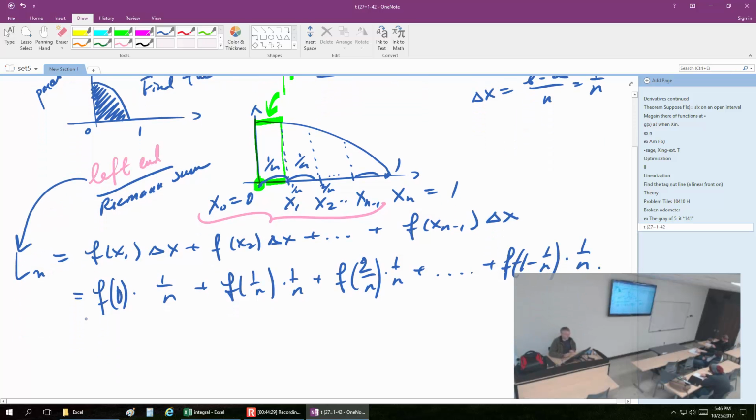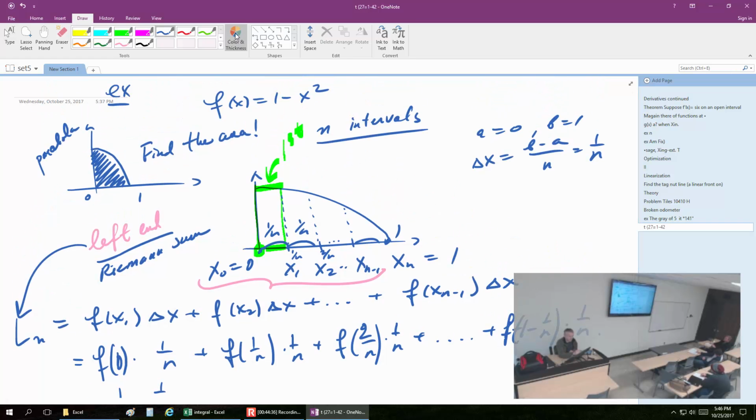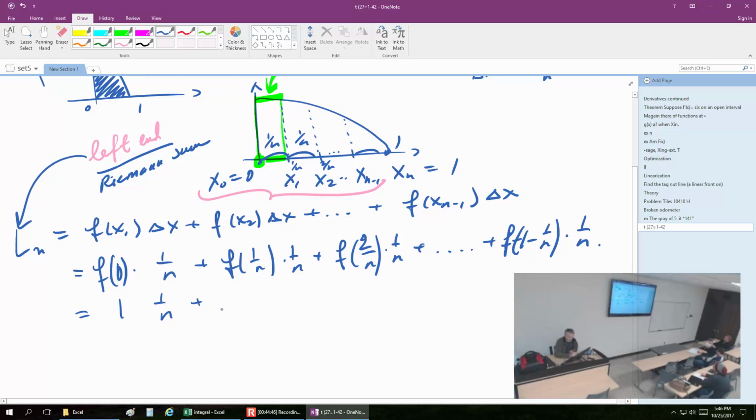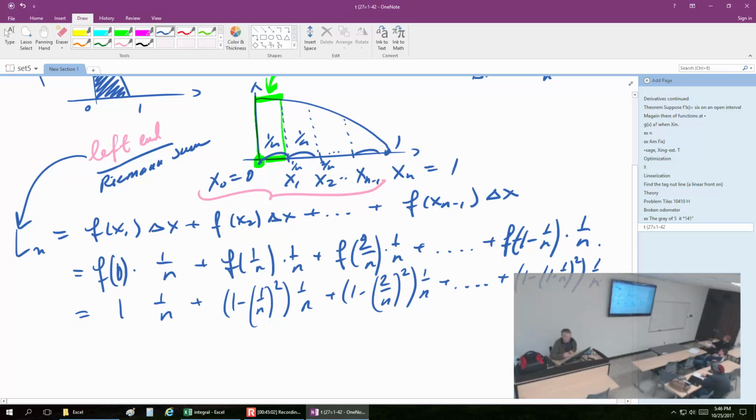Okay, so f of 0, as we know, is 1. f of 1 over n, I'm just substituting them all into the same formula, 1 minus x squared. So what I'm getting is 1 minus 1 over n squared times 1 over n. Then 1 minus 2 over n squared, 1 over n. And the last one is 1 minus (1 minus 1 over n) squared, 1 over n.